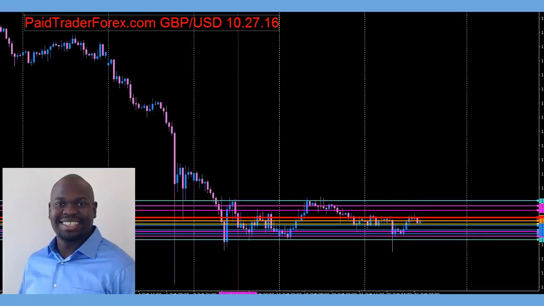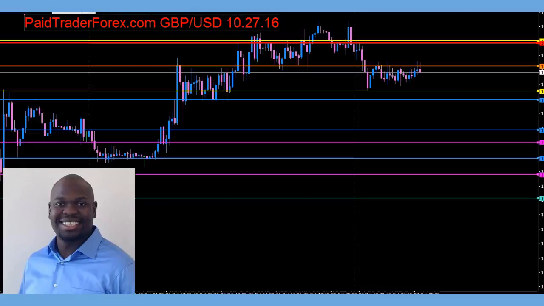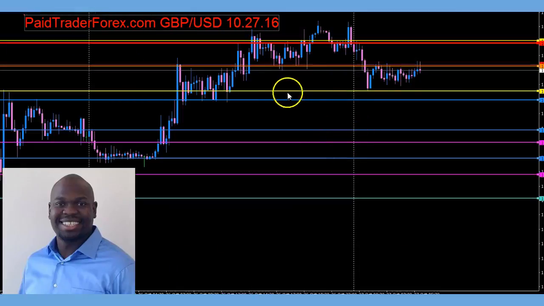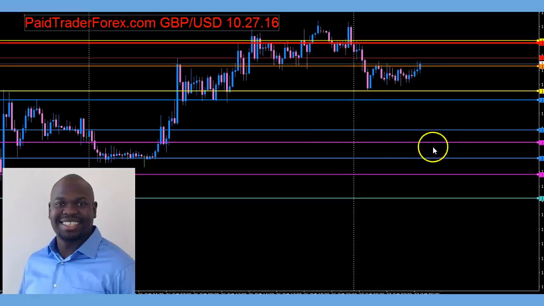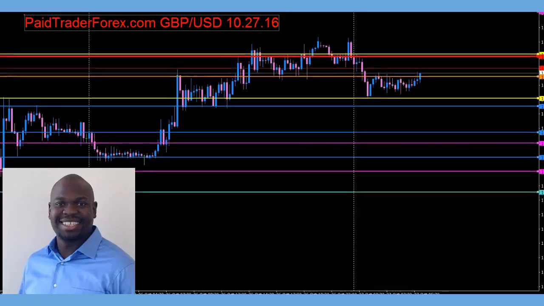And I still anticipate probably some movement further down. So let's get back to the 15. I anticipate some movement further down until this area. We have quite a bit of things in the way, but I do anticipate us getting down into this area, and then once we break this level of interest, I will be looking for my longs.